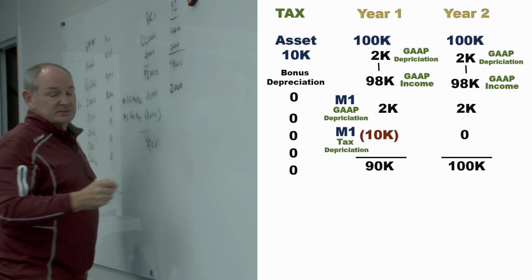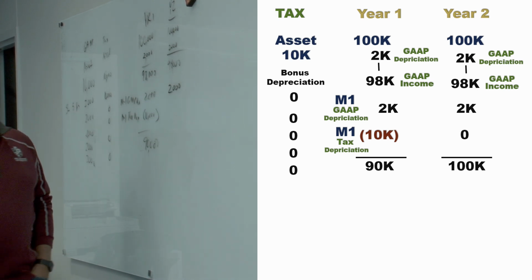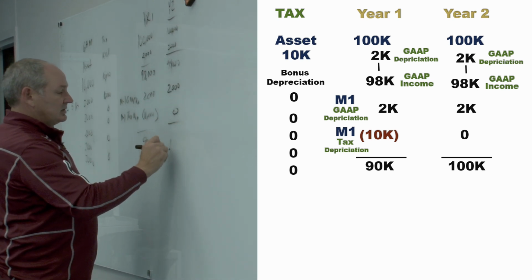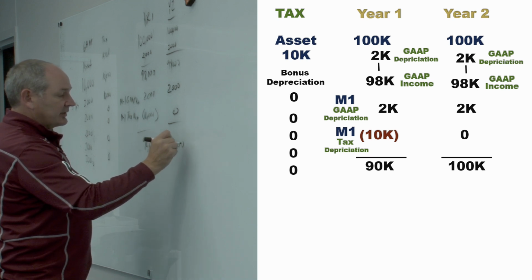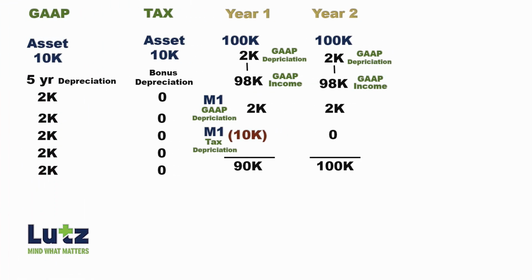I have to back out my GAAP depreciation, $2,000. How much tax depreciation do I have, Chris? 0. So in year 2, I now have $100,000 of income. An M1 item is meant to calculate what the appropriate tax method of accounting is to arrive at taxable income. That's what an M1 is.